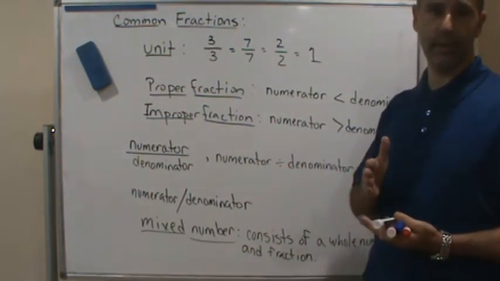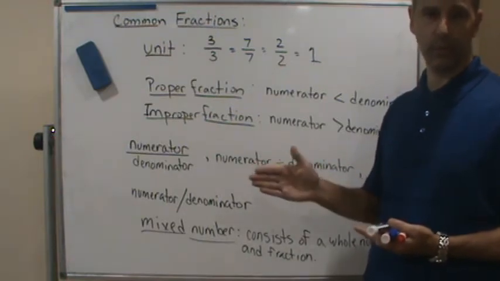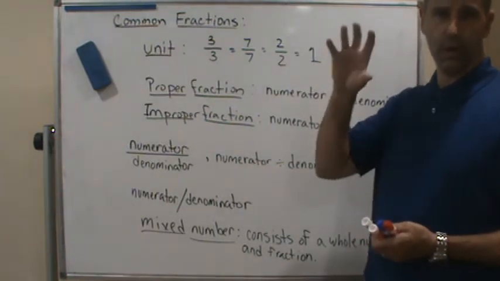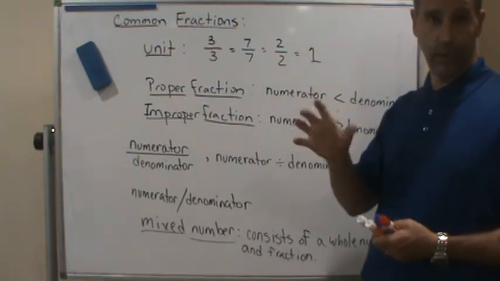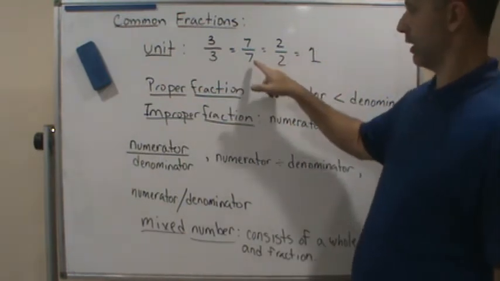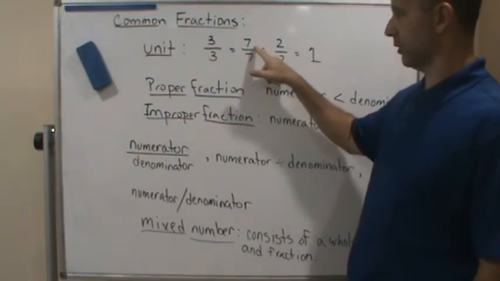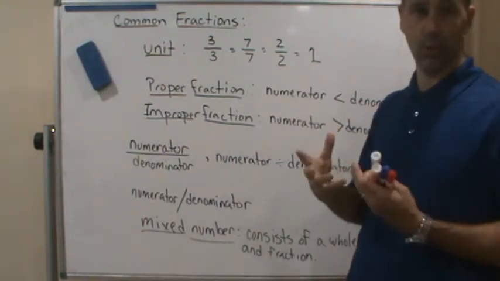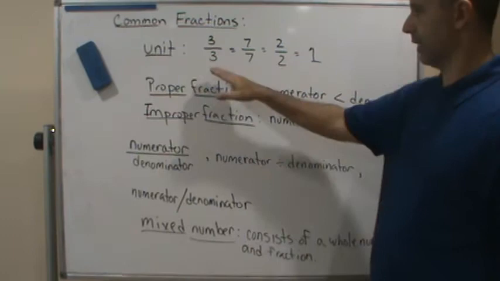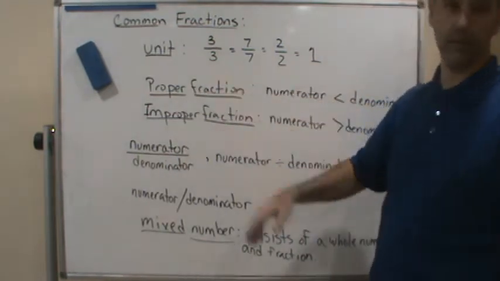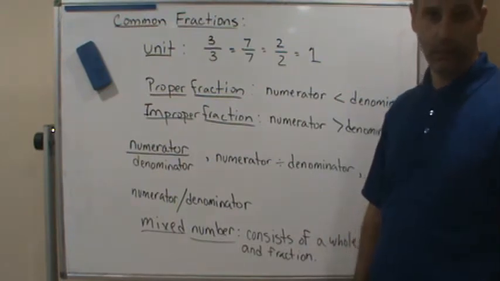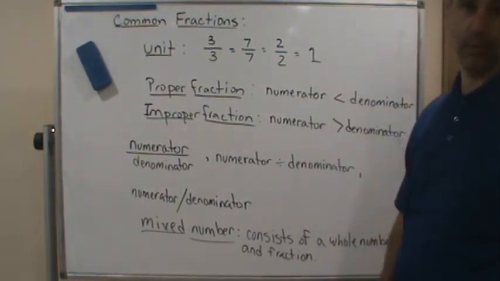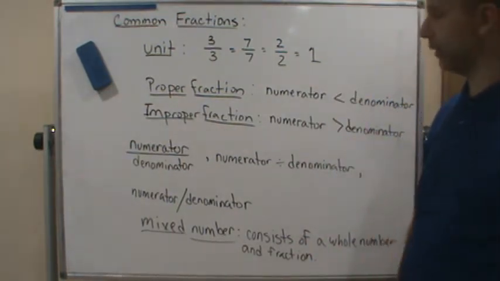If we want to divide it into 8 or 11 equal parts, as long as we're considering all of the equal parts out of the equal parts. So if we have 7 equal parts and we're considering all 7 of them, that means we have the whole unit. This is any fraction that represents a unit, when the numerator is equal to the denominator, or when you divide by the same number, you get 1. That's what we mean by unit.